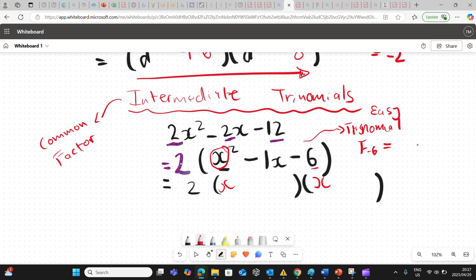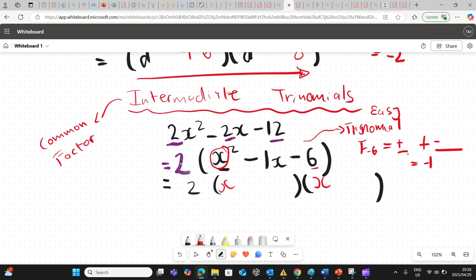but these factors, one of them needs to be positive and one of them needs to be negative, right? And these factors need to add to give me a negative one. Remember? So they need to add to give me a negative one.